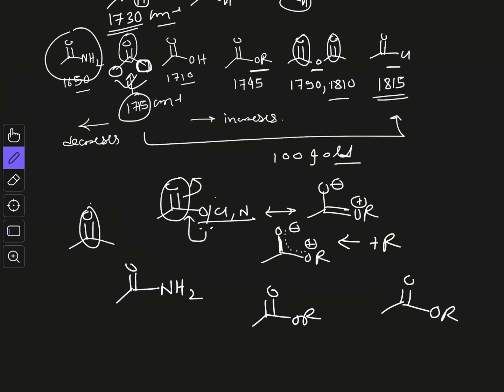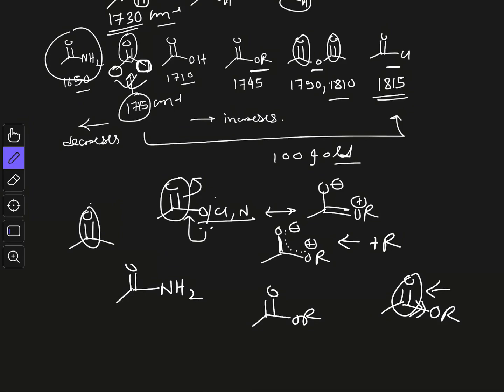So when oxygen is attached to this carbonyl group, it withdraws electron through the sigma bond, and this withdraws electron from the carbonyl group, and that strengthens the carbonyl group. So because of the sigma electron withdrawal, it strengthens the C=O double bond, and that's why the stretching frequency should increase, because it is strengthening the bond.